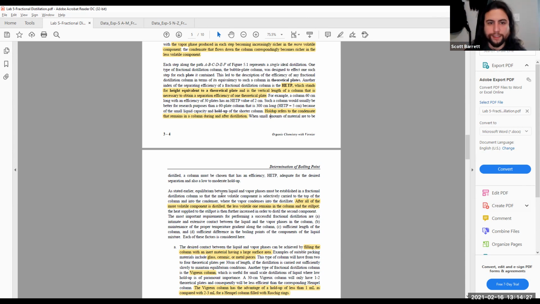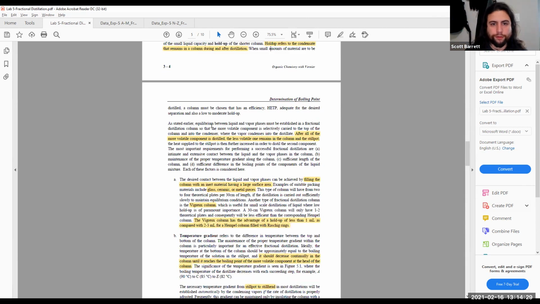Going forward with that idea, after all of the more volatile component is distilled, benzene being the more volatile in that case, the less volatile one, toluene, remains in the column and the still pot. The toluene stays in the column and continues that cycle where it comes back down, is hot enough to boil, but then comes back to the still head, where it's too cool, so the vapor turns right back into liquid and condenses back down.